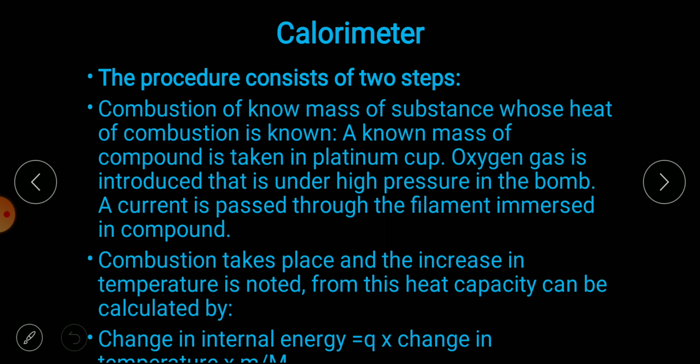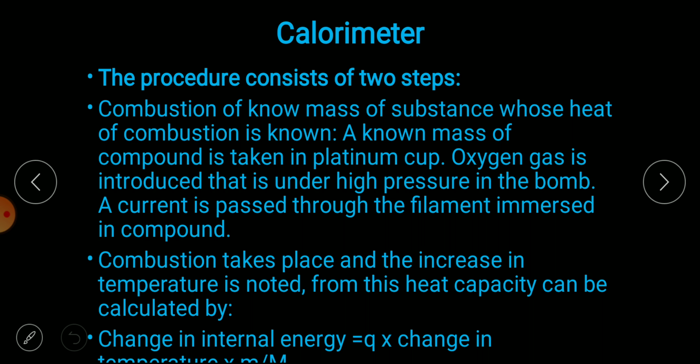Now the procedure: how we can calculate heat using a bomb calorimeter. The very first thing is we have to combust a known amount of substance. That means if we know that we are taking 1 gram or 2 grams of a substance, we can use it for calculation of heat or specific heat.